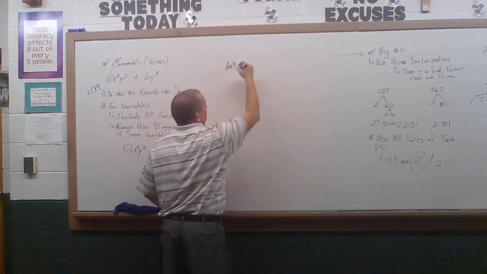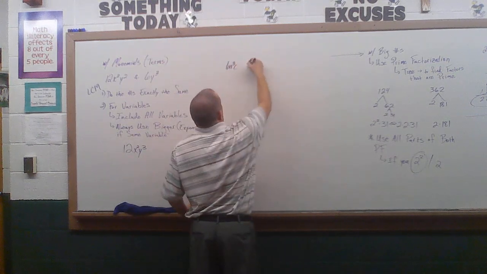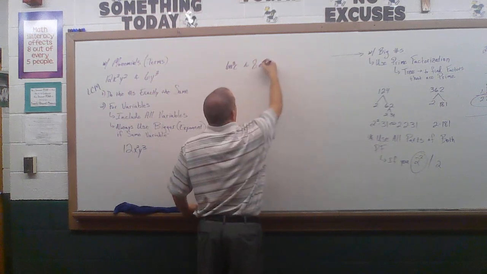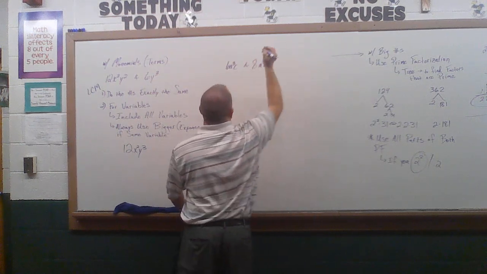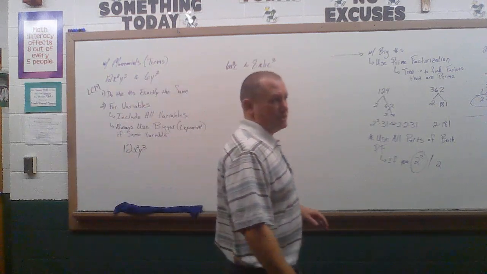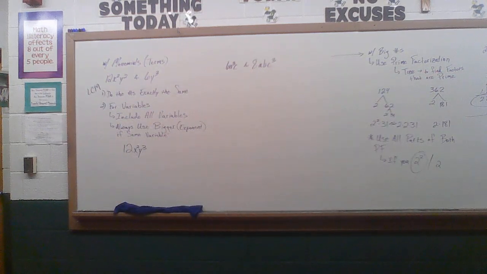6a cubed c and, oh, that's bad again, 8a b c cubed. All right, try that one. See what you get. Remember, I want the smallest, the least common multiple.